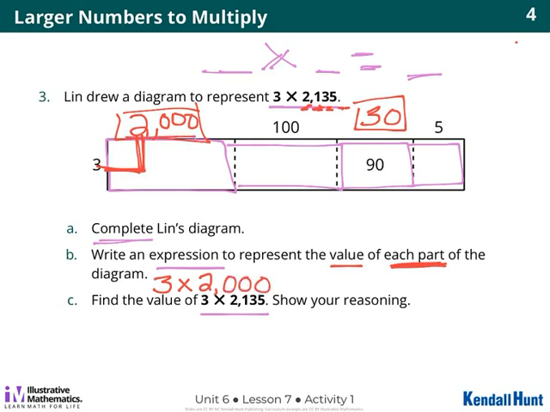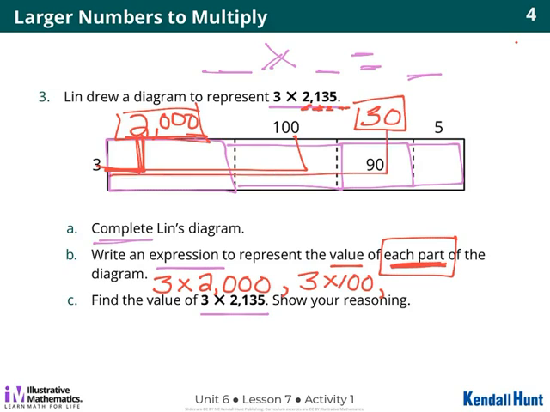Nope, this box is just 2,000. If we do the expression for the entire thing, it would be 2,135. But it says each part. So my first answer is 3 times 2,000. Then I go to my next part. And what would that expression be? Hadley? 100 times 3. Yep, or 3 times 100. You can write it either way.